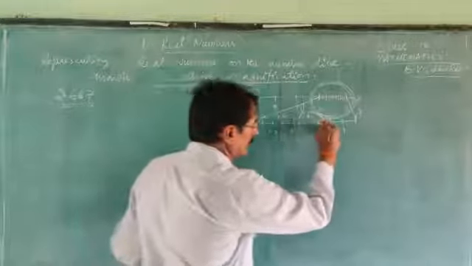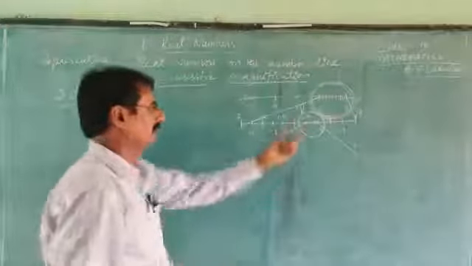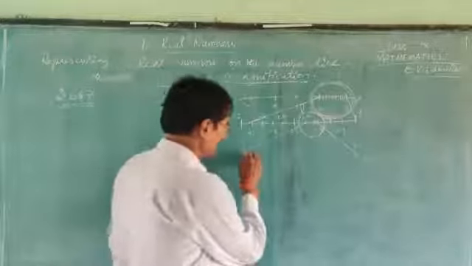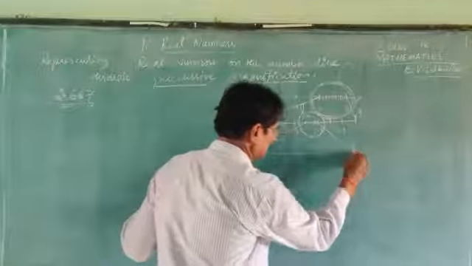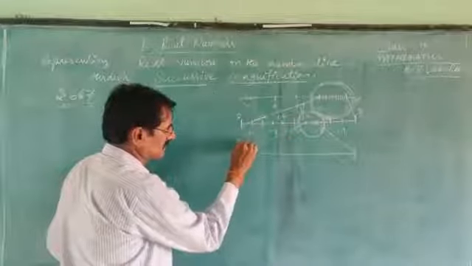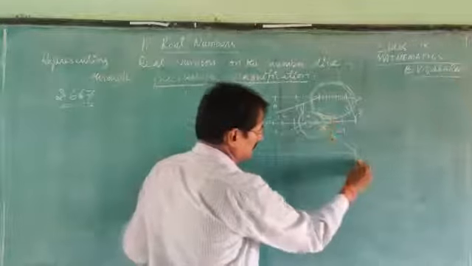Through that glass we can see it like this. This portion is 2.6, and this portion here is 2.7.